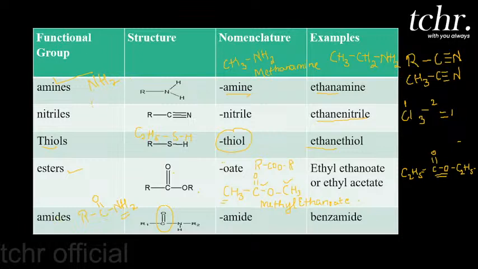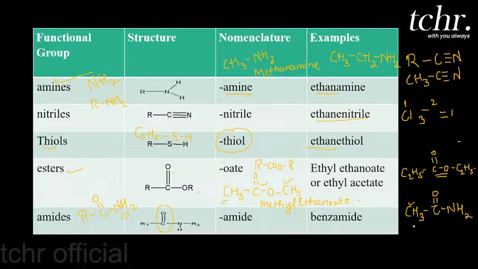See, when it is RNH2, we name it as amines. When it is RCONH2, it is called amides. For example, the R group I will substitute with methyl: CH3 C double bond O NH2. So how many carbon atoms can you find here?